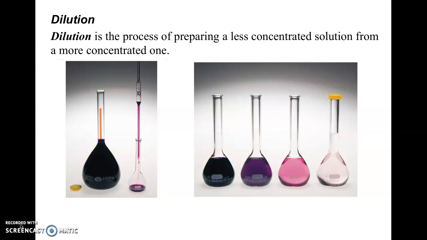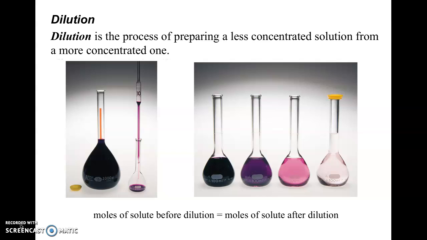The flasks are also extremely carefully calibrated and highly accurate. What we're showing in the right frame is a dilution series that goes from high concentration through a couple of intermediates down to a very low concentration. And this is something we do in the lab all the time.